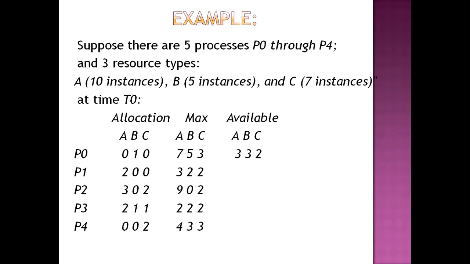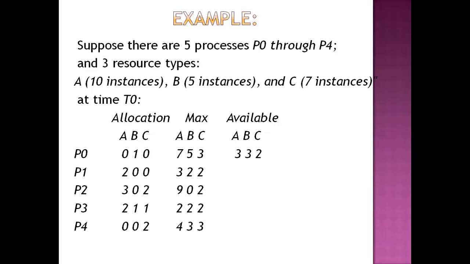First we need to know the current status of the resources. For P0, the allocation is 0 for resource A, 1 for B, and 0 for C. That means in the current scenario, 0 instances of A are allocated to P0, 1 instance of B is allocated to P0, and 0 instances of C are allocated to P0.